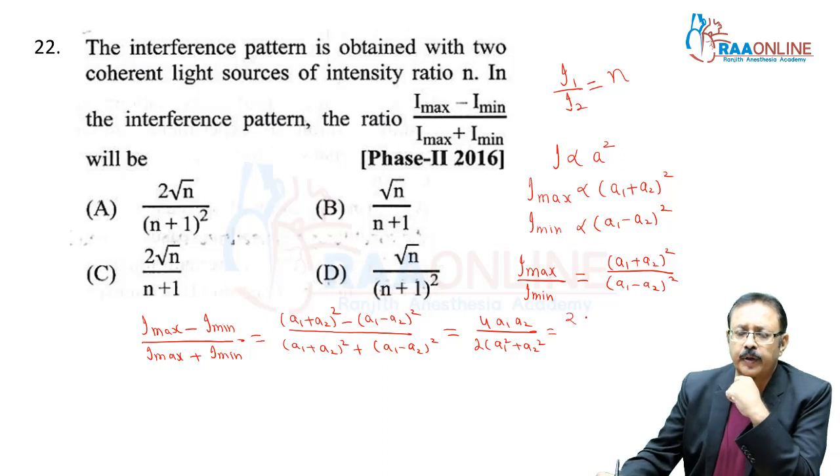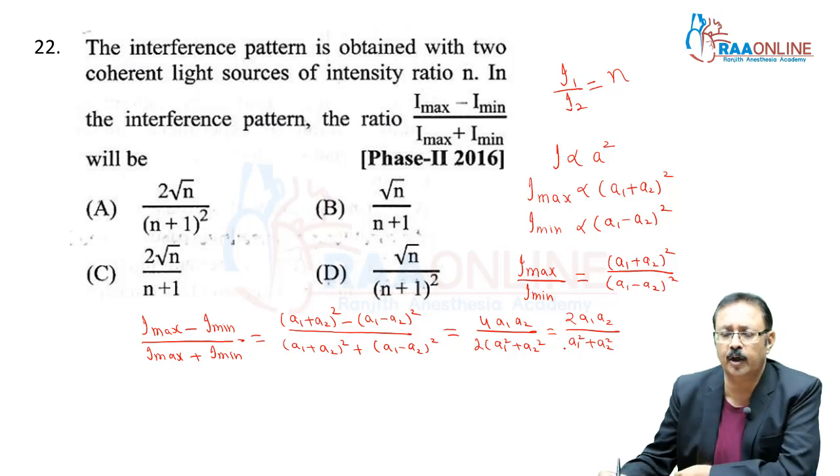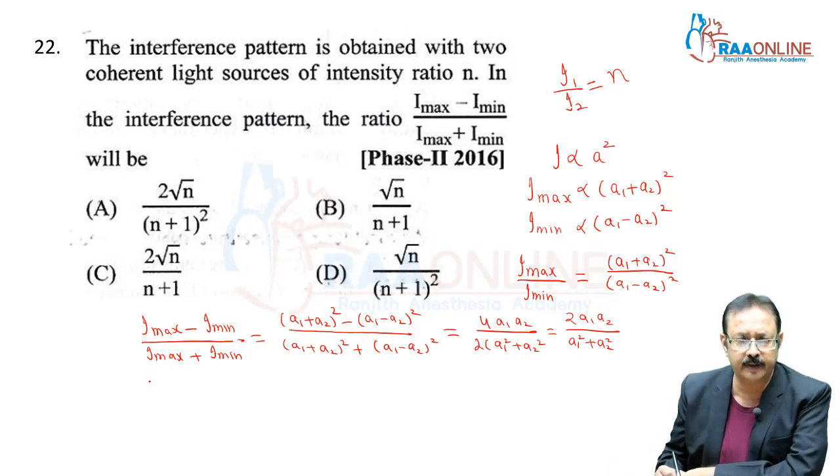So we are getting 2A1 A2 divided by A1 square plus A2 square. Take A1 A2 in the denominator of the denominator. So you will get I max minus I min upon I max plus I min.